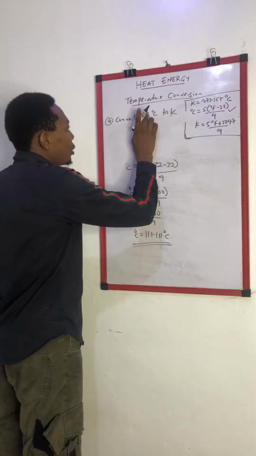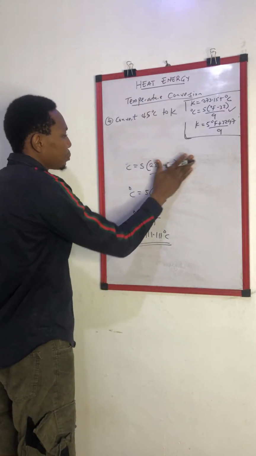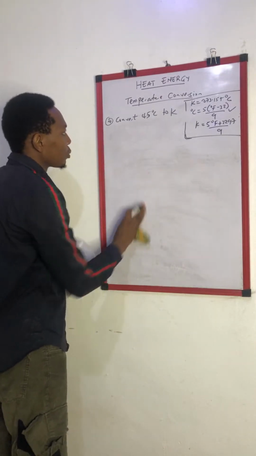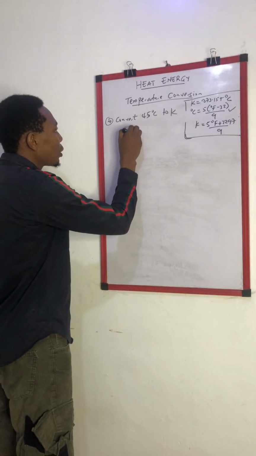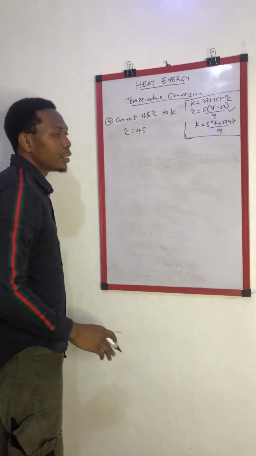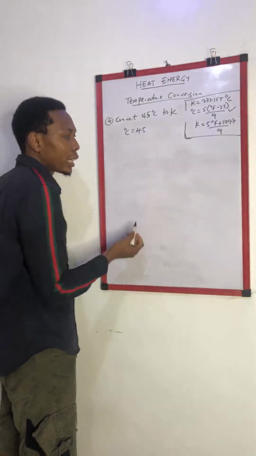All right, 45 degrees Celsius to Kelvin. Okay, so from here, our degree Celsius is going to be 45. Okay, now we have to convert to Kelvin. So the relationship between degree Celsius and Kelvin.